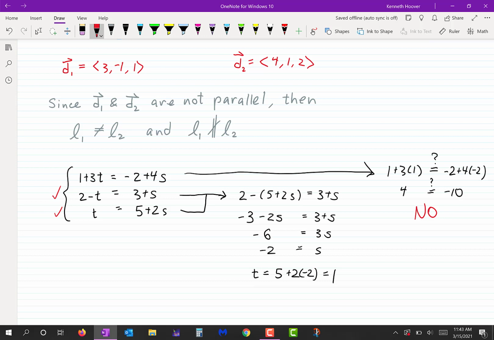So you see, in order for a point to lie on both lines, well, it would be impossible, because if they have the same y value and the same z value, they cannot have the same x value. So that means the lines don't intersect.